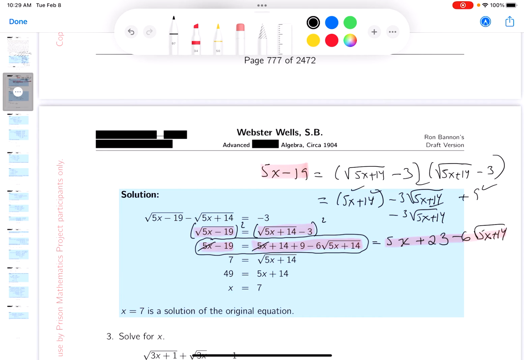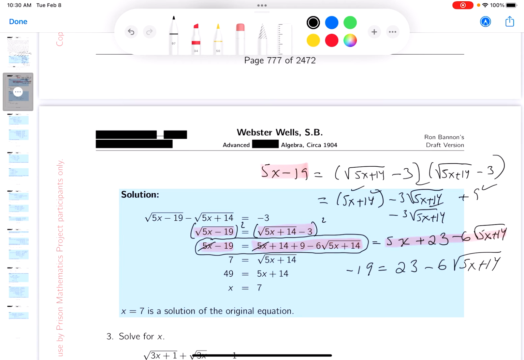And then 14 plus 9, again, is 23. Let me write this down then. Minus 19 equals 23 minus 6 root 5x plus 14.